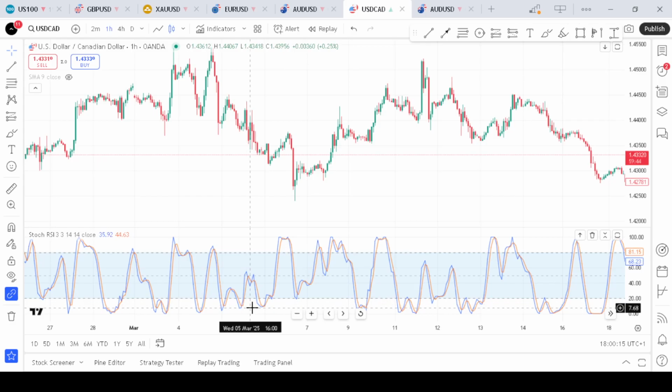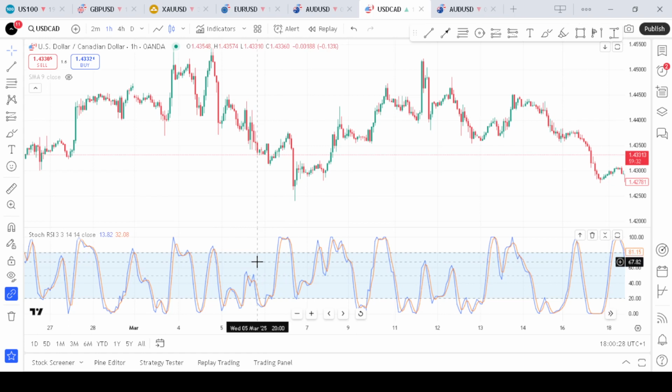The third advantage is trend confirmation. It helps us to confirm the strength of an existing trend or identify potential reversals. The fourth advantage is divergence detection. The stochastic RSI is useful for spotting divergence between price action and momentum, which can signal upcoming trend changes.